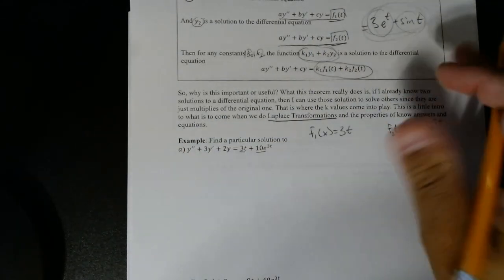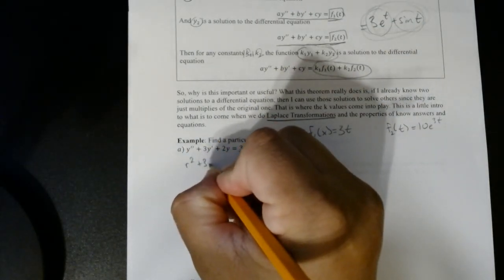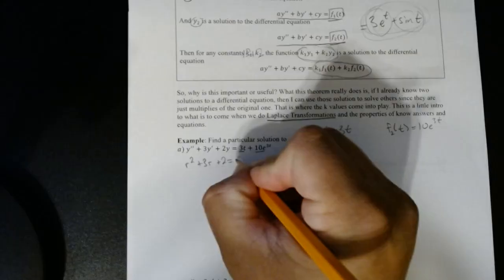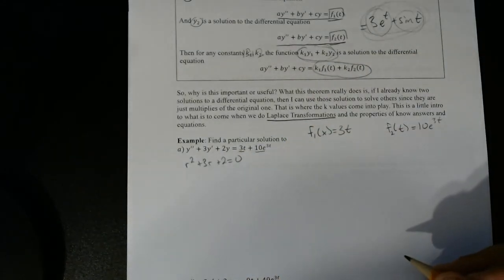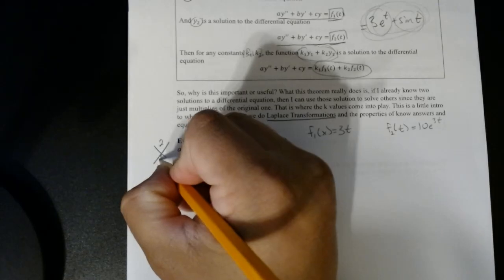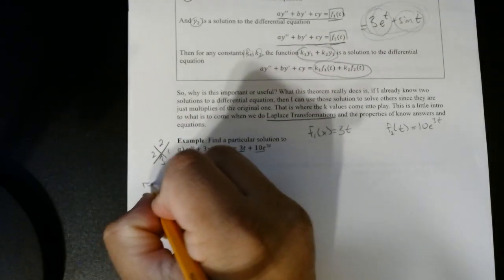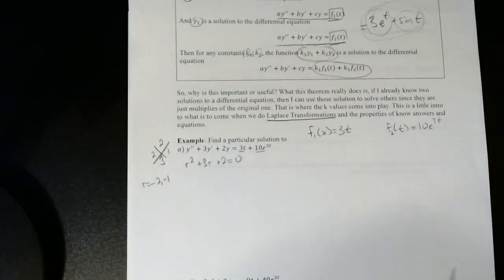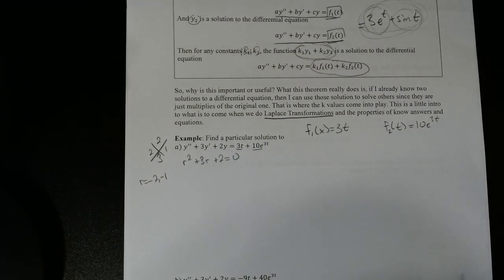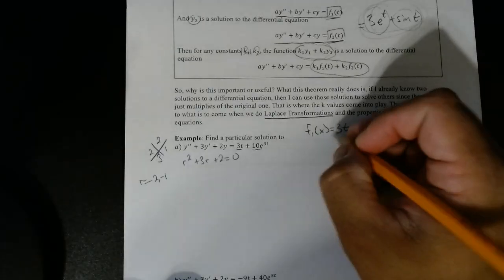First off, no matter what, we have to find the characteristic equation and solve for it. Factoring this, we get r equal to -2 and -1.